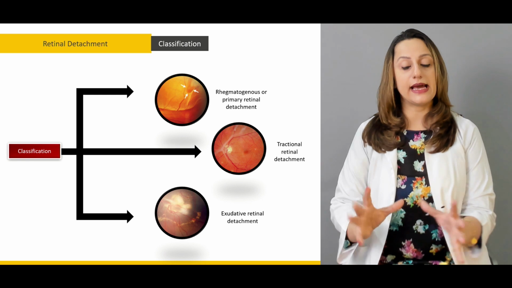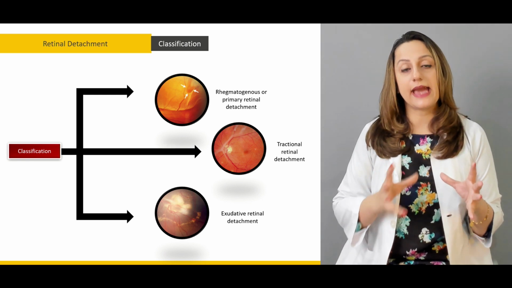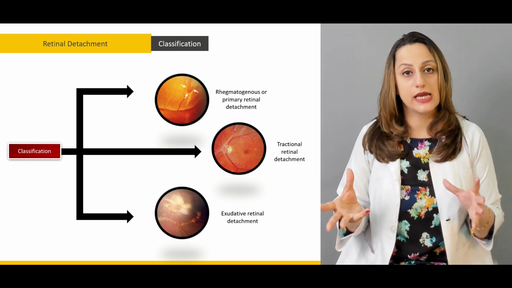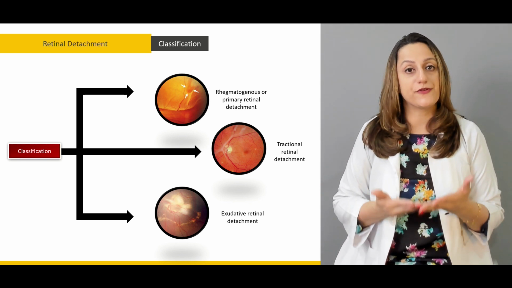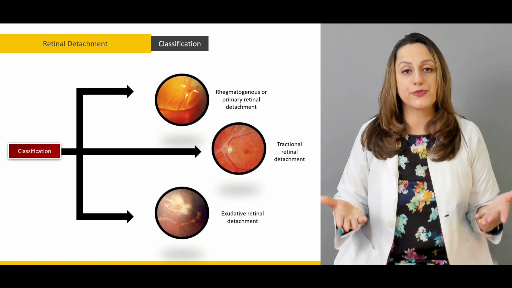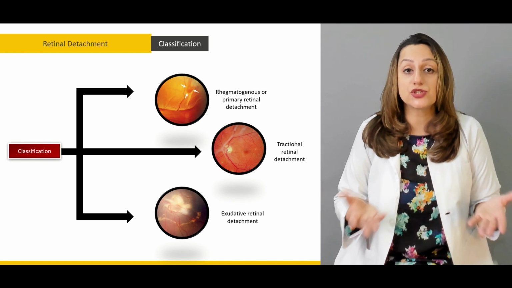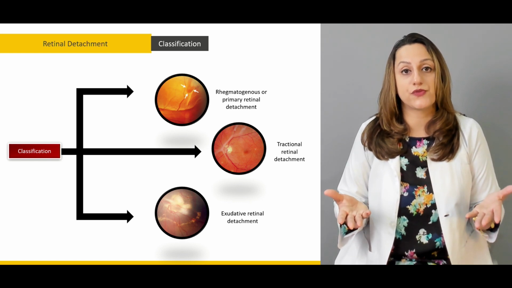Then the third and last group is the exudative retinal detachment. As the name indicates, exudation refers to inflammatory processes or infections. It can be one of the causative factors over here.